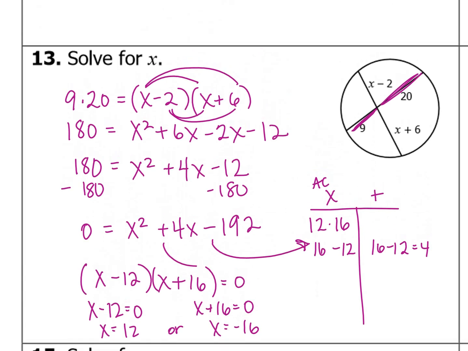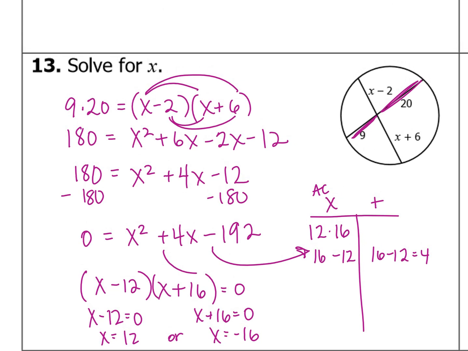Now, actually, let's go back and visit that. These are distances, right? So if we plug in a negative 16 to x, we get negative 18. Or if we plug it in here, negative 16 plus 6, negative 10.